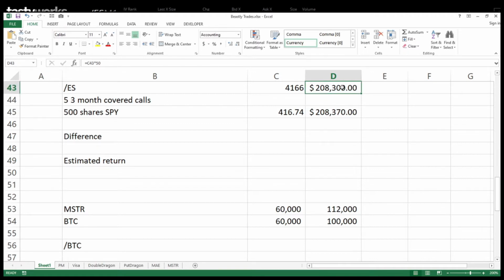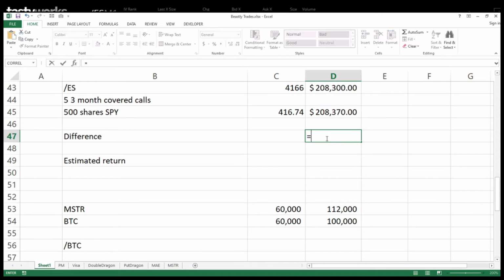So what the ES futures is saying is that by the end of June, the expiration, if you decide to do one contract, it's only going to be worth $208,300, but if you notice, the current price is $208,370.